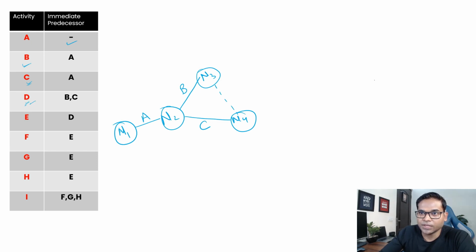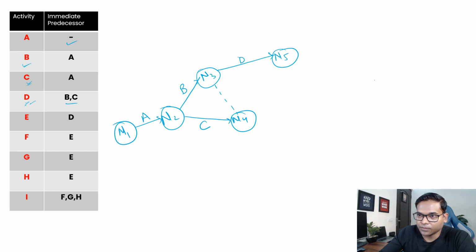So your D activity can start from this node, and let's put it here, after B and C. This is your D. Let's set this as node 5.